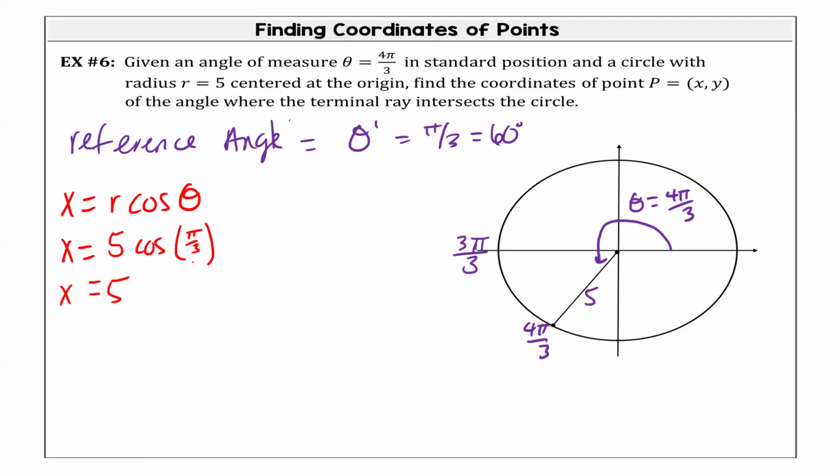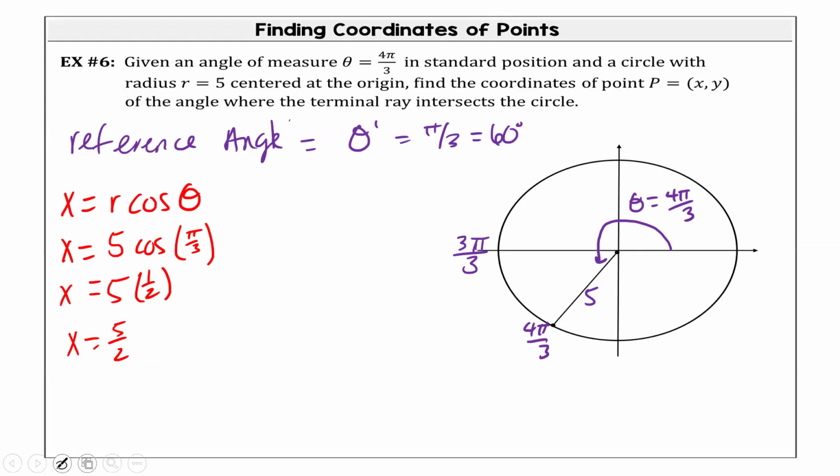So cosine of pi over 3, we just did it, is on the other side of your paper, right? If you want to think of it in terms of degrees, you can, but it's not necessary because we should be comfortable with radians. But you're asking yourself, what is the cosine of 60? What is the cosine of 60? 1/2. That's why I said you have to know these values. If you couldn't remember them, then you always have the triangle to draw out. 1, 2, square root of 3. So therefore x equals 5 over 2, because 5 times 1/2 is 5 over 2.